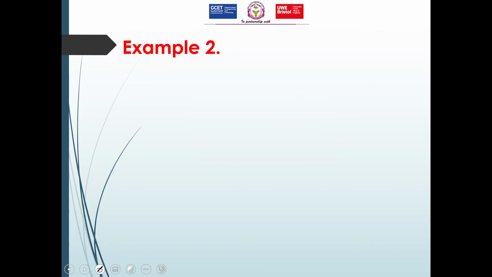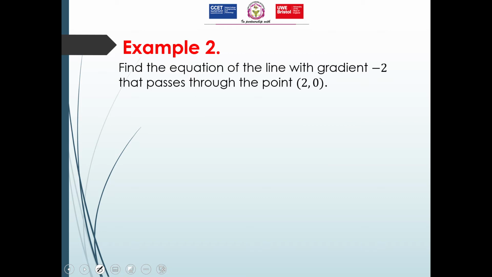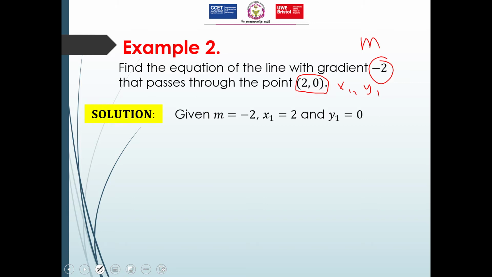Okay, let's have examples. Now here, find the equation of the line with gradient minus 2, meaning m is minus 2. We have 1 point, (2, 0), so this is your x1, y1. So we have the following given. m is minus 2, x1 is 2, and y1 is 0.